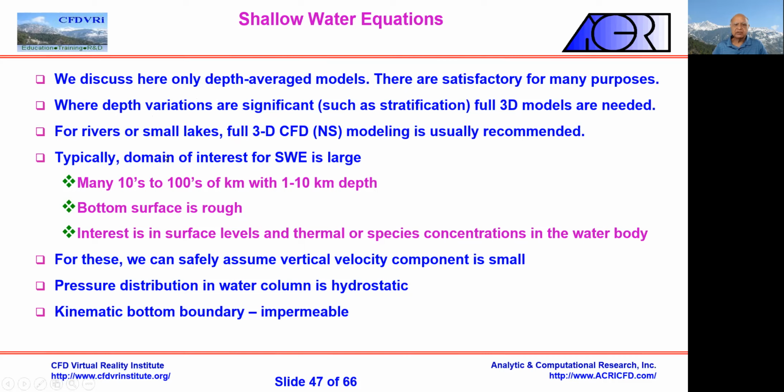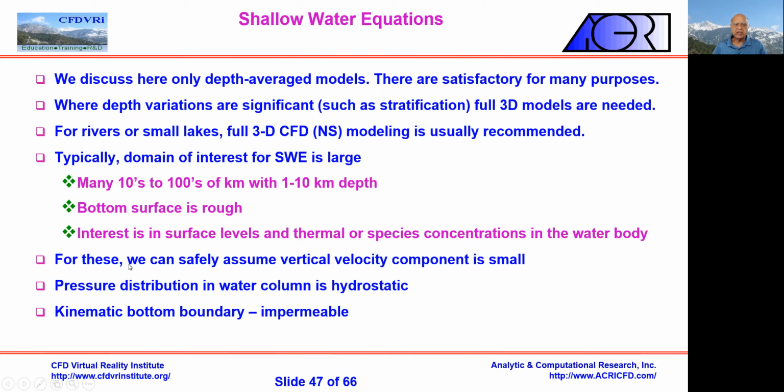Okay, so typically the domain of interest for shallow water extends to hundreds of kilometers, with 1 to 10 kilometers depth. That's where we typically apply them. The bottom, of course, is always the sea bottom. It's usually very rough, and our interest is typically in the surface levels, as I said, the water levels and thermal species concentration in the water bodies.